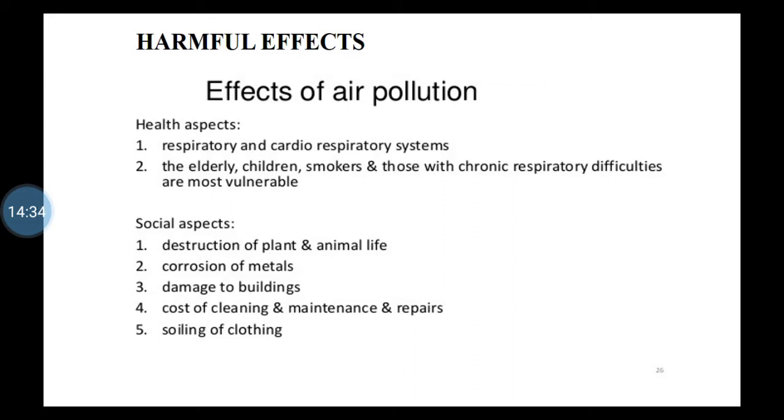You know the Taj Mahal very well, and polluted air causes great damage to buildings like the Taj Mahal, and it is getting affected by the fumes of the nearby oil refineries, isn't it? Then the cost of cleaning, maintenance and repair also increases, isn't it? Some other factors are like visibility. So our visibility also gets affected if air pollution is high.